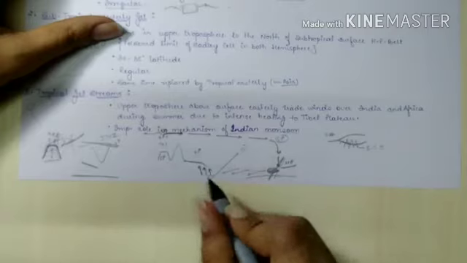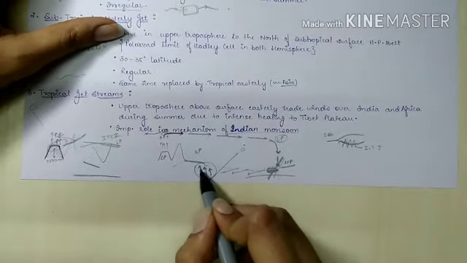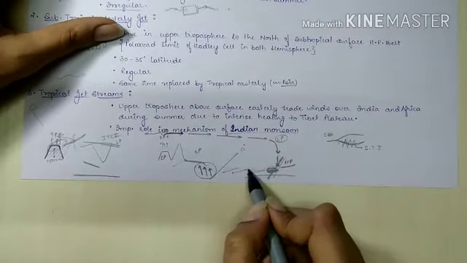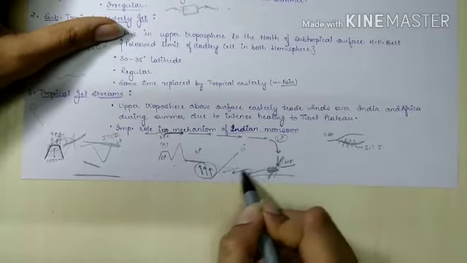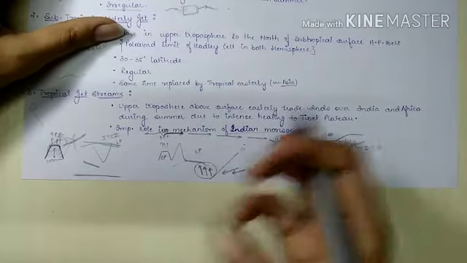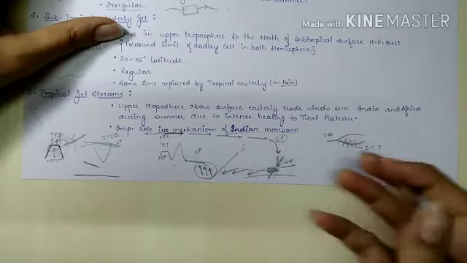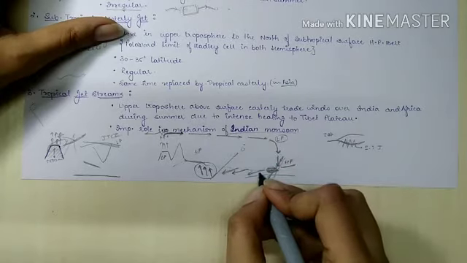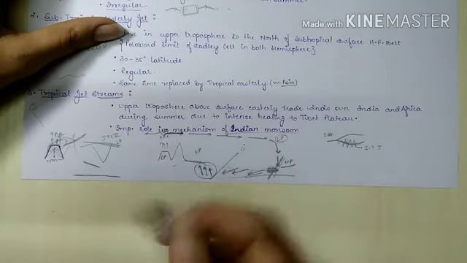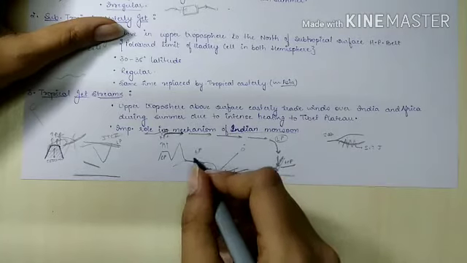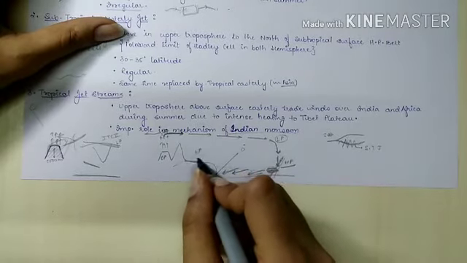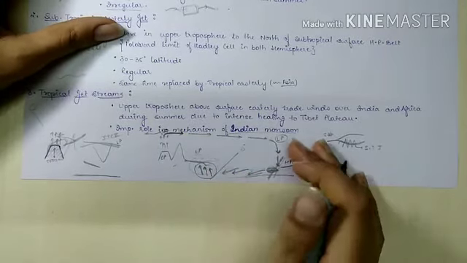These southwest winds are also known as monsoon winds. They are warm and carry moisture as they move from the ocean, and they bring a huge amount of rainfall in the Indian subcontinent.